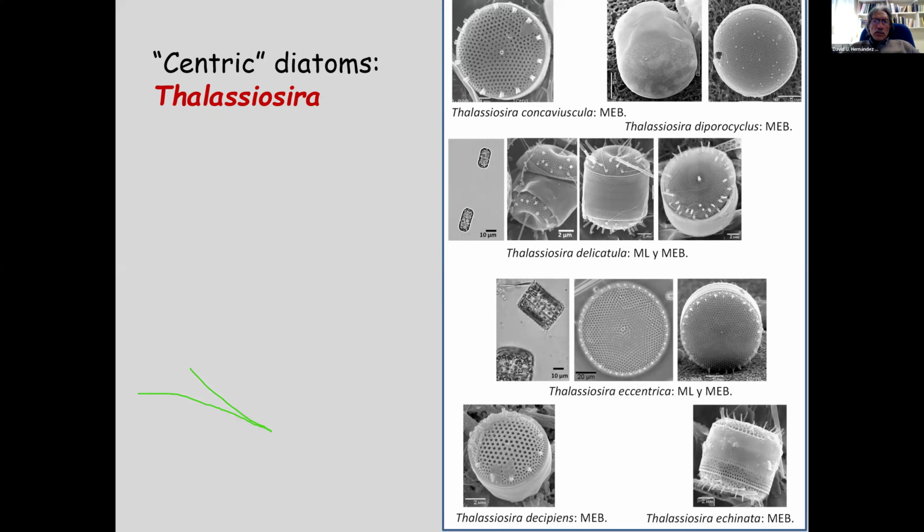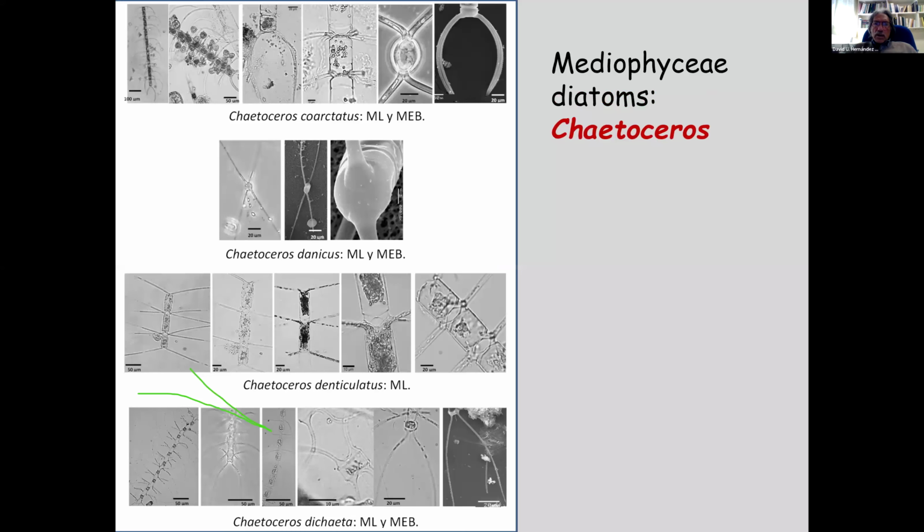And then another centric diatom, Thalassiosira, with different species illustrated again by light microscope and also scanning electron micrographs.